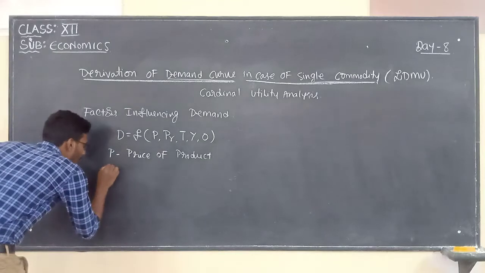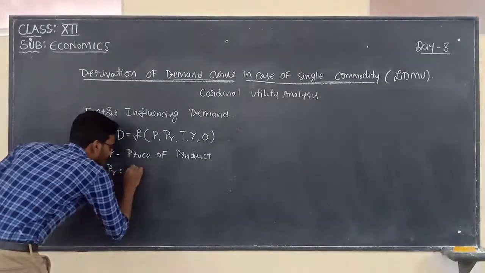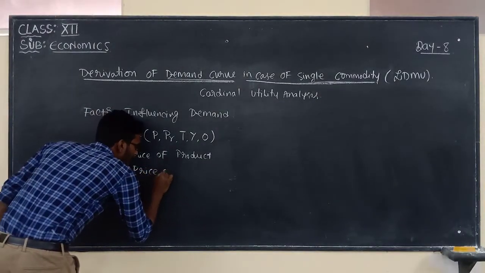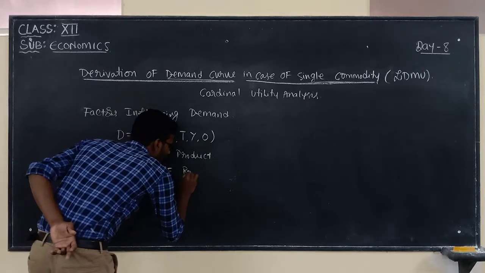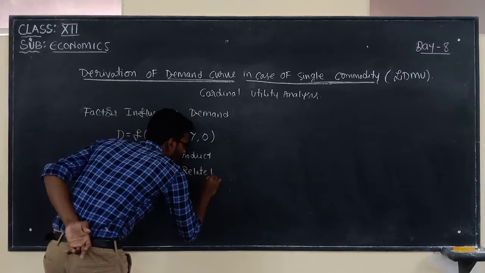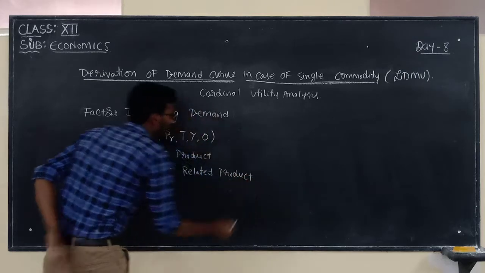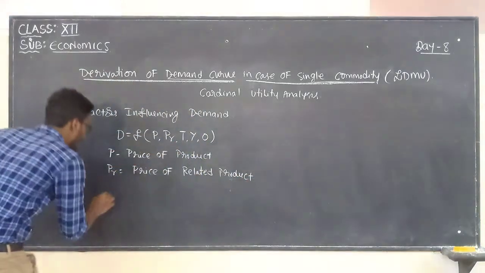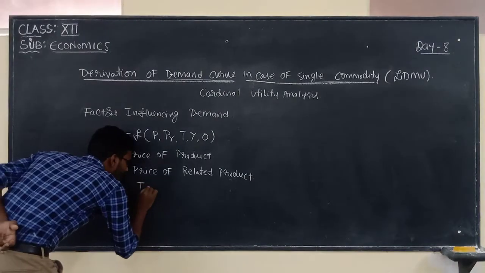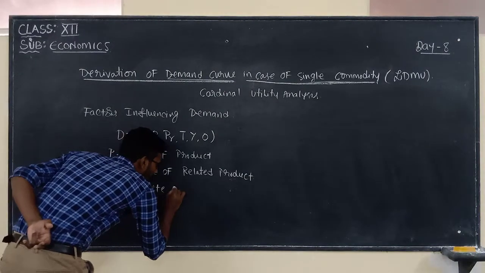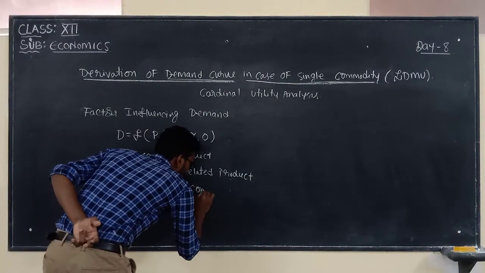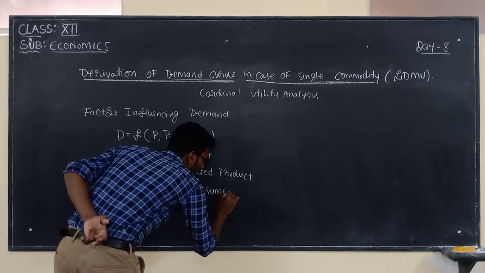PR is the price of a related product. Here T will be indicating taste of consumer.